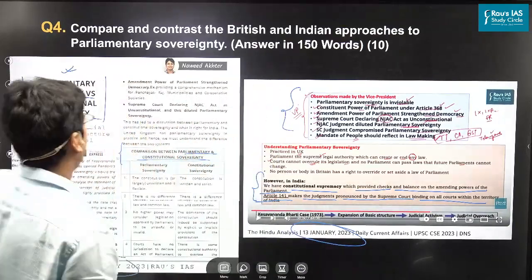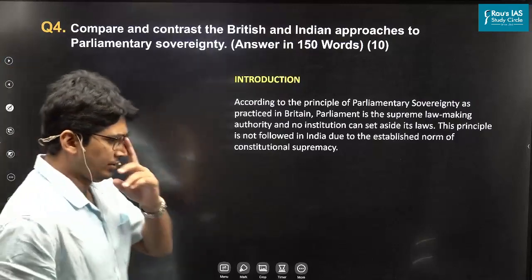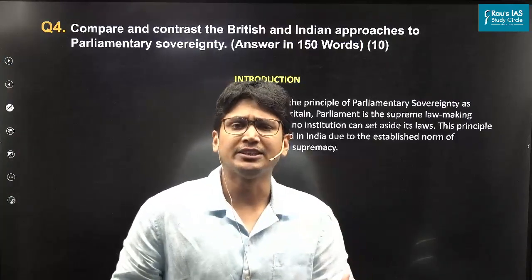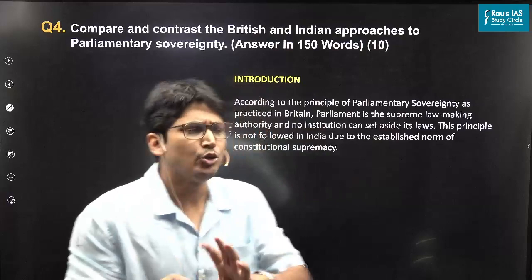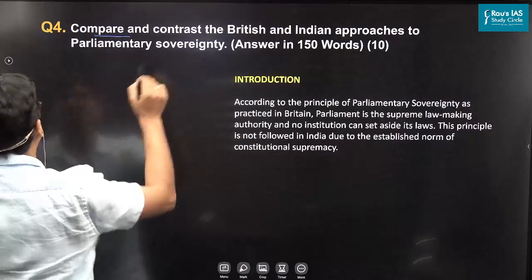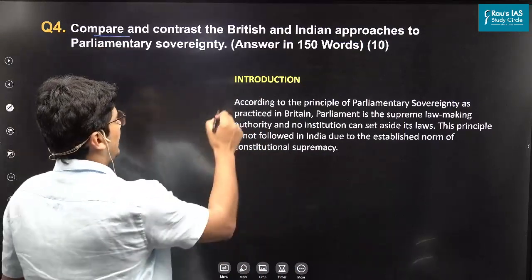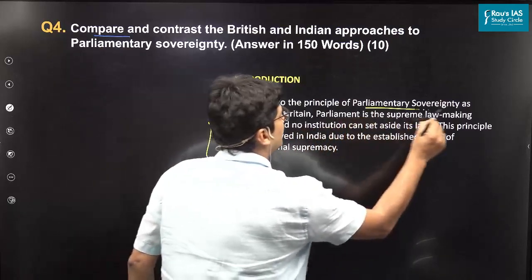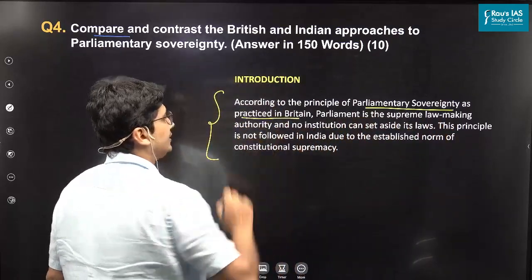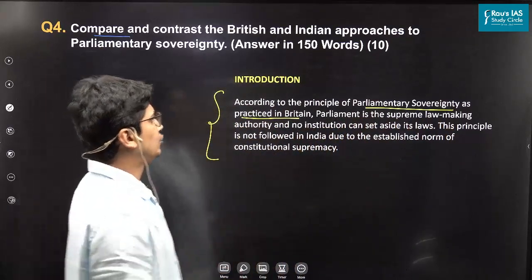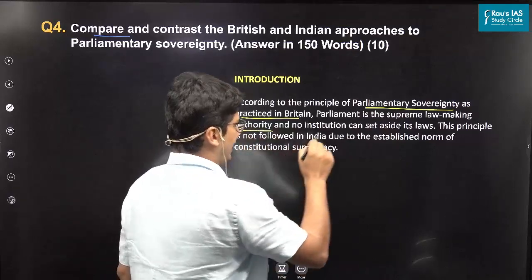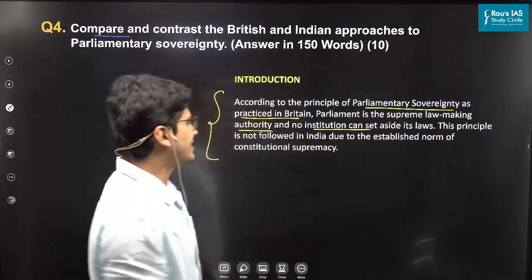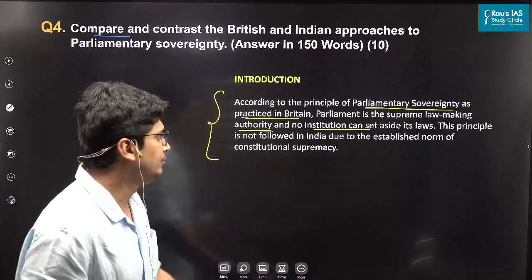So, coming to the answer, since this question is asking to compare and contrast, we can start by saying that according to the principle of parliamentary sovereignty as practiced in Britain, Parliament is the supreme lawmaking authority and no institution can set aside its laws in Britain.